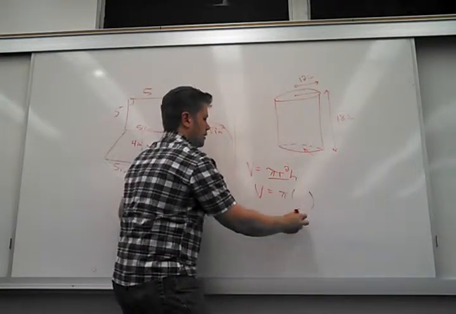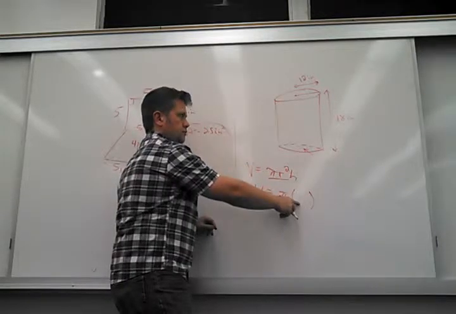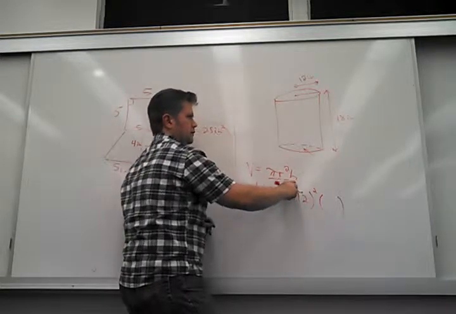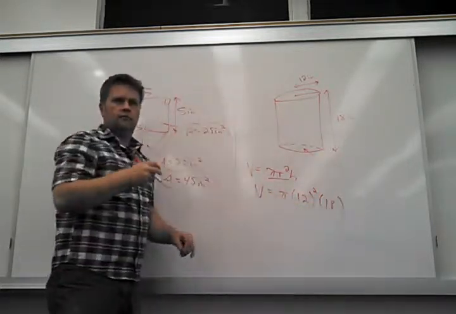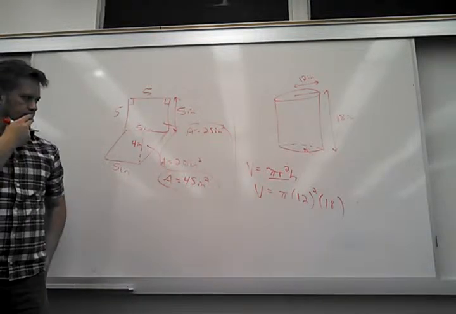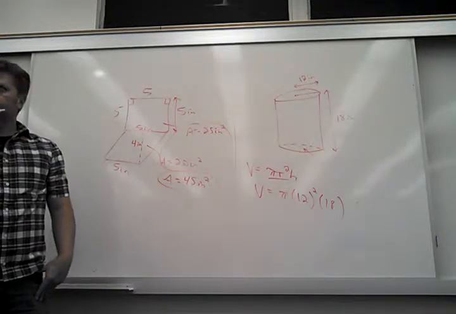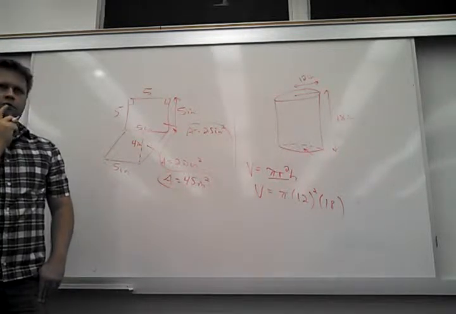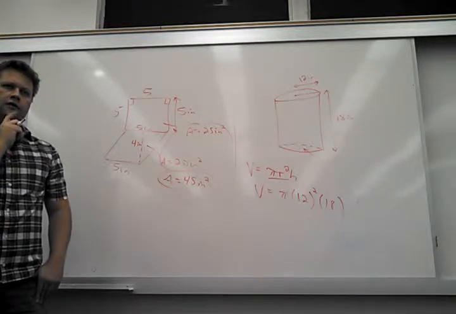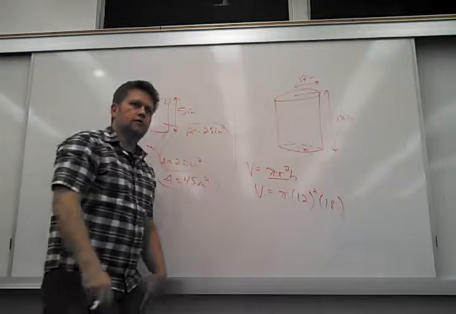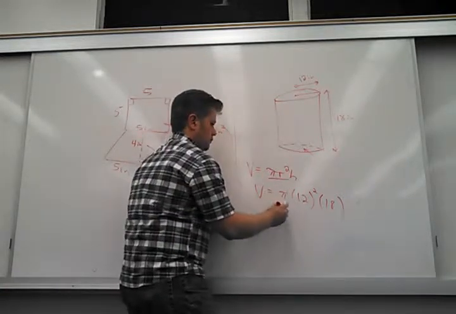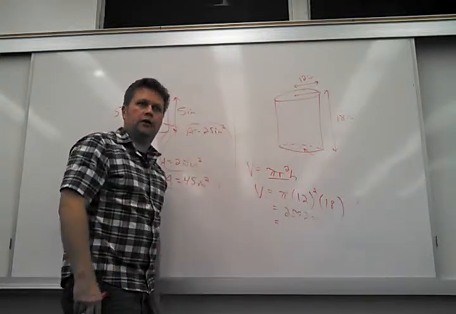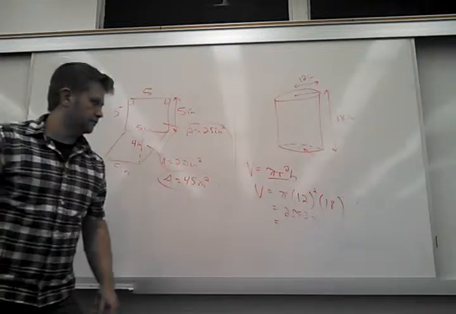So you get pi times 12, the radius, squared, times the height, 18. 144 times 18 is 2592 pi. And then you can multiply that by pi to approximate it.